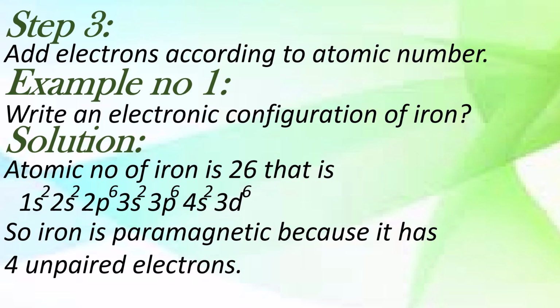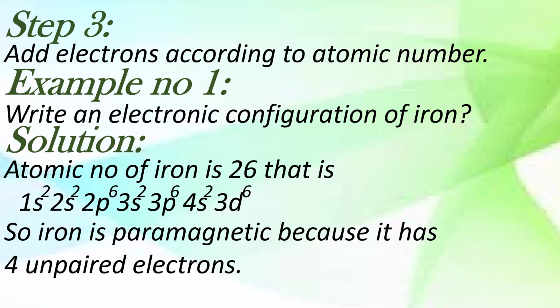Paramagnetic means that unpaired electrons show paramagnetic behavior. You can say that it is attracted by a magnetic field. So iron is paramagnetic. If we take the example of iron plus 2, 2 electrons are removed from 4s.